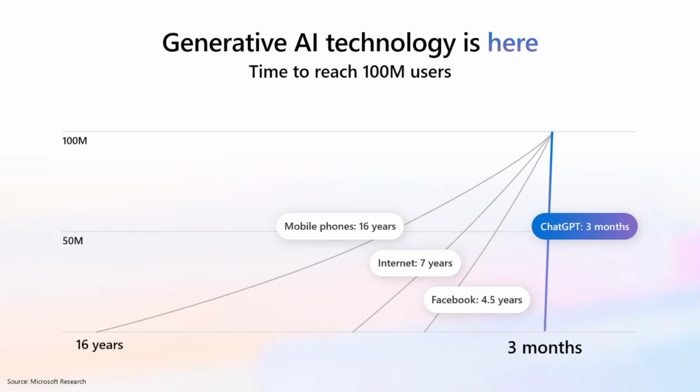If you have a look at the graph here, you'll see that it took 16 years for the mobile phone to get to 100 million users. The internet took 7 years. Facebook, when that was introduced, was 4.5 years. And since ChatGPT was introduced, it's only taken 3 months to hit 100 million users. So as you can see, we're all jumping on this really fast.